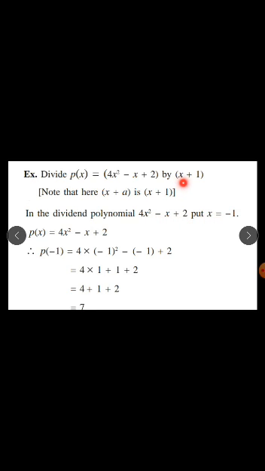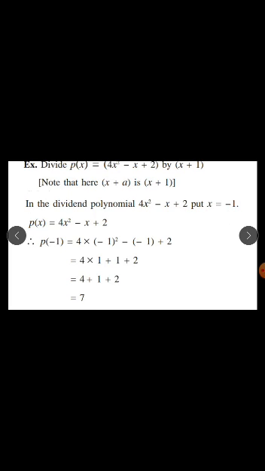Here the divisor is x plus 1, take the opposite of plus 1, that is minus 1.